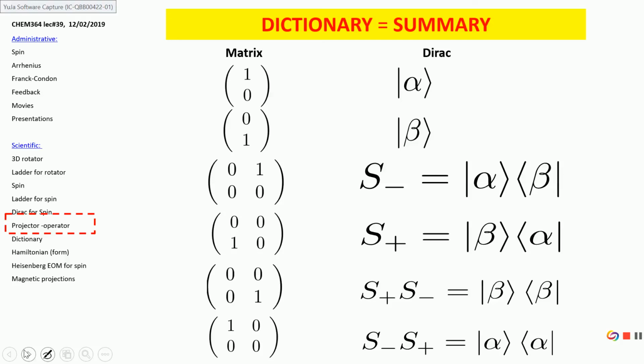I plan to show it with equations and in detail, but here is a little heads up. The expectation value of this operator is the probability that the system is in state beta. The expectation value of this operator is the probability that the system is in state alpha. Adding together these two probabilities gives 1, the identity.